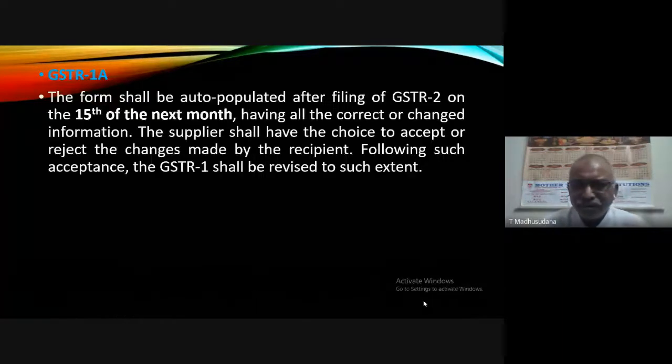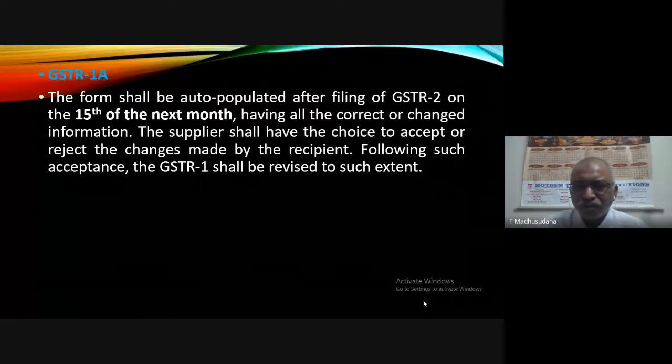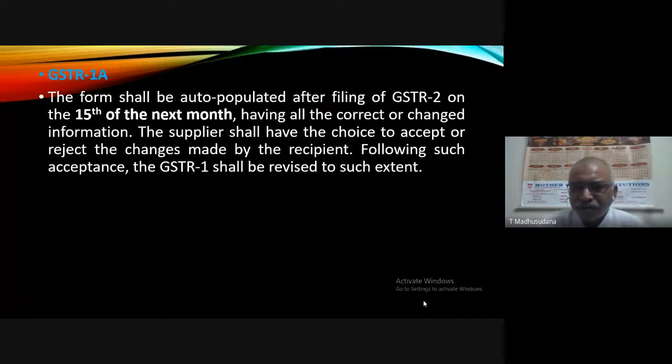Next, GSTR 1A. The form shall be auto-populated after filing of GSTR 2 on the 15th of the next month, having all the correct and changed information.